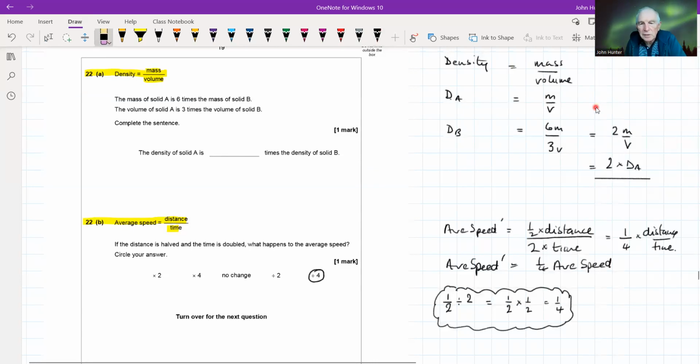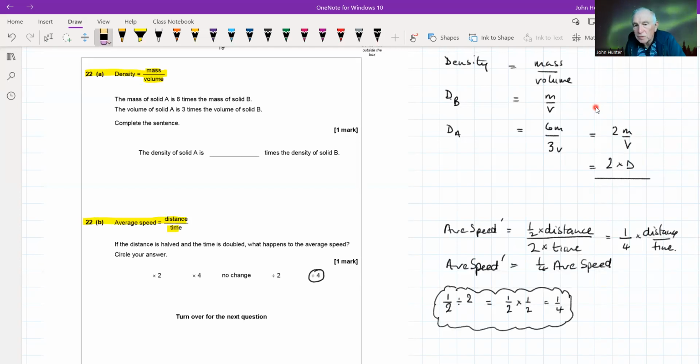So if density is mass over volume, then the density of B is M over V. So the density of A is 6 times that mass and 3 times that volume. 6 divided by 3 is 2, so it's basically equal to 2 times mass over volume.